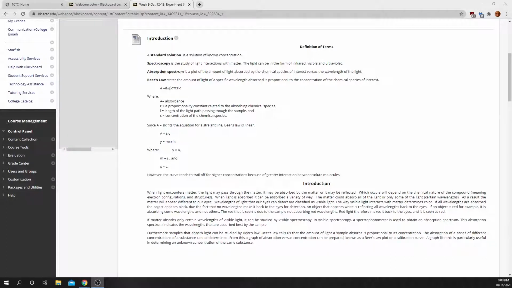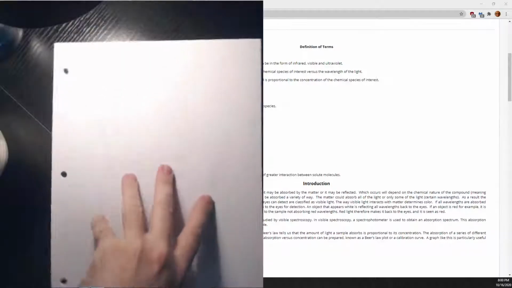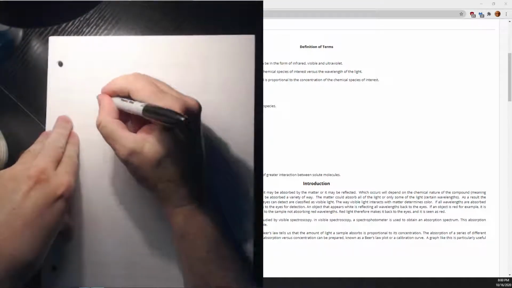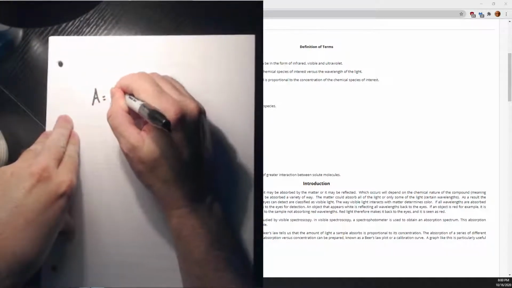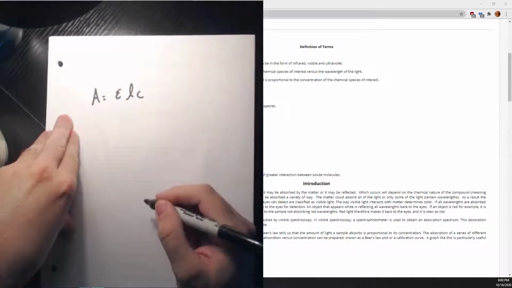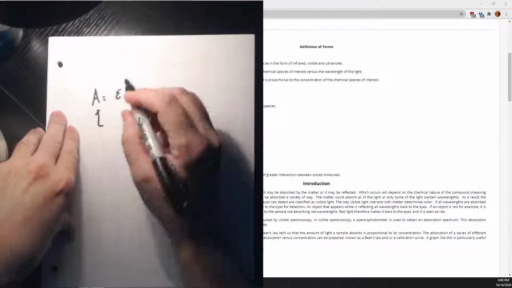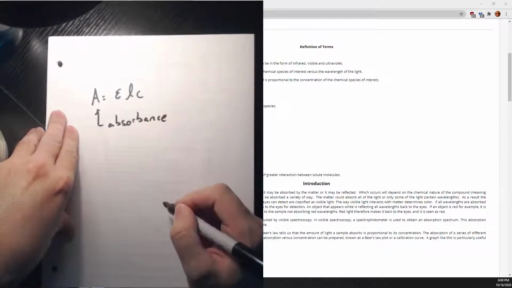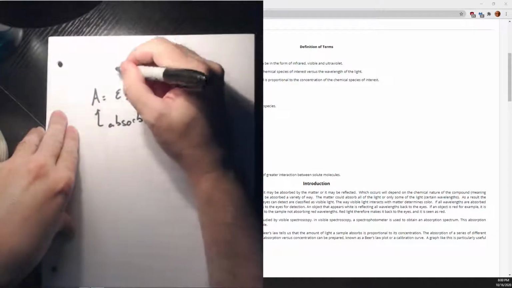And this is governed by Beer's Law, which is hard to read here on this screen, so I'm going to write it out on my page here. Okay, good, it's upright. So, A equals epsilon L C. A is the absorbance, how much the light is absorbed in the solution.